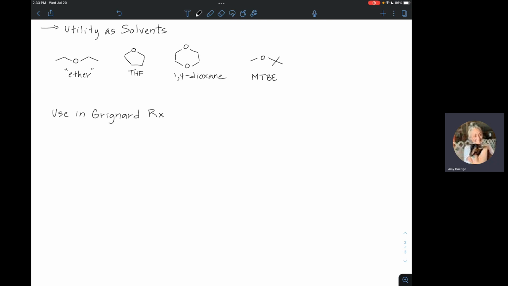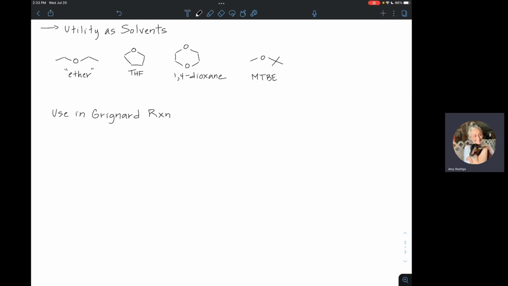So a Grignard reaction, very specifically, is an organometallic reaction. So it involves the use of an organomagnesium compound that has to be created by you. And it is extremely sensitive to any whiff of a proton: water in the atmosphere, water in the solvent, water hiding in the glass that you're using, like the flask.